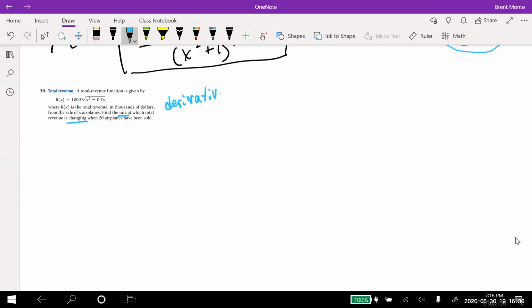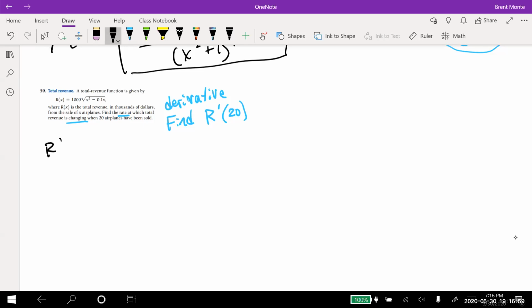So what this question's saying, find the rate of change of revenue when 20 airplanes have been sold. They're saying find R prime, the rate of change of revenue, at 20 airplanes. So that's the question, R prime, and then plug in 20. So that's our goal here.